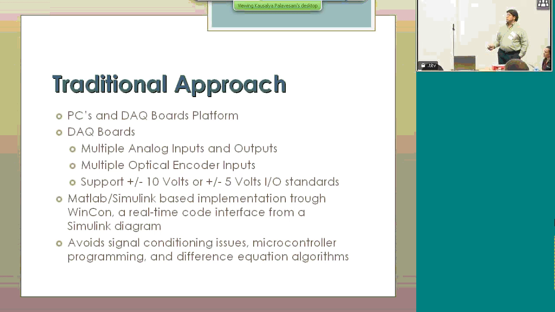The traditional approach, the way we started, was we used, as I said, the PCs and the data acquisition boards and MATLAB and Simulink implementation. And this is good because it avoids signal conditioning issues, microcontroller programming, and difference equation algorithms. So we concentrate, in this case, on the control theory.